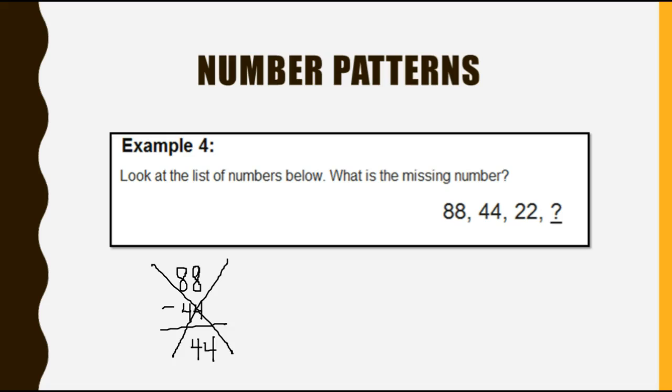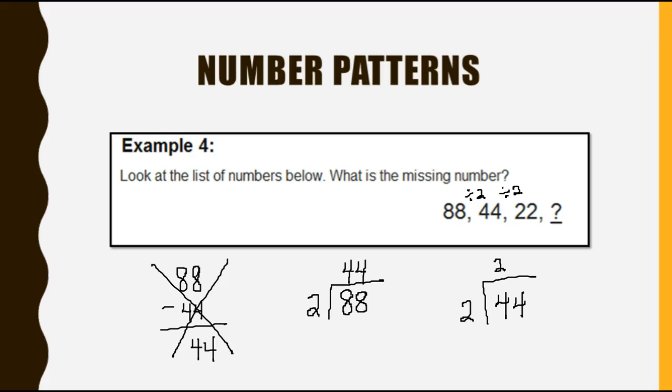What if we divide something? If I divided 88 by 2, I would get 44. Okay, so this is divided by 2. So let's see if this works here. Divided by 2, would I get 22? 2 divided into 4 is 2.